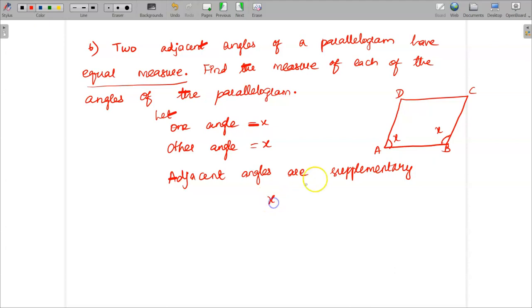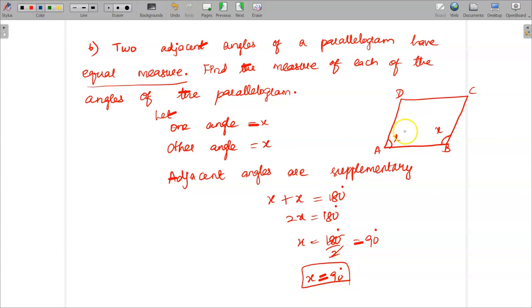So when we add these two angles, it should be equal to 180 degrees. x plus x is equal to 180 degrees, so 2x is equal to 180 degrees, and x equals 180 degrees divided by 2, which is nothing but 90. So x is equal to 90 degrees.